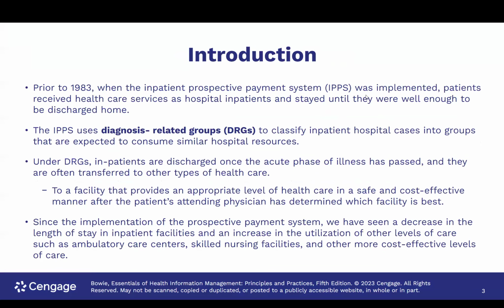One of the things that we talk a lot about in healthcare and health information management is the link between healthcare and reimbursement. And that's where the inpatient prospective payment systems come in. Prior to 1983, hospitals could pretty much get away with charging Medicare whatever their fee schedule said.